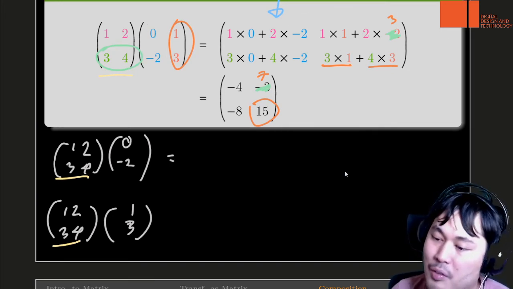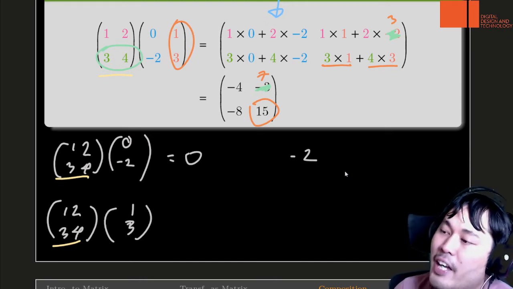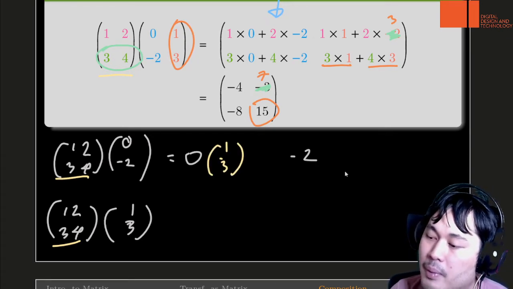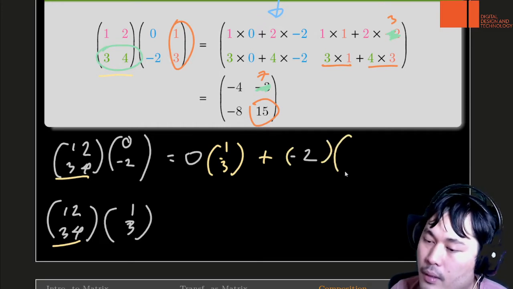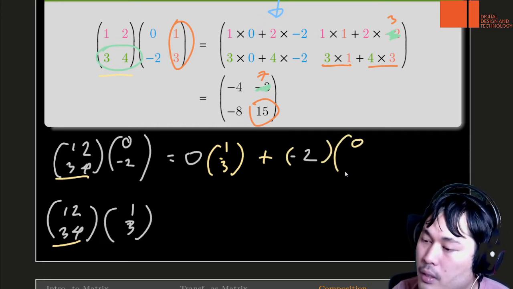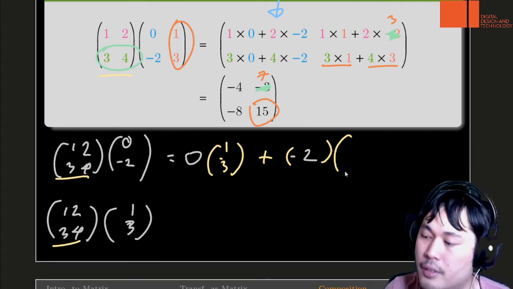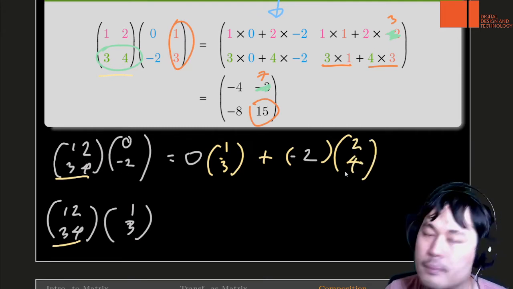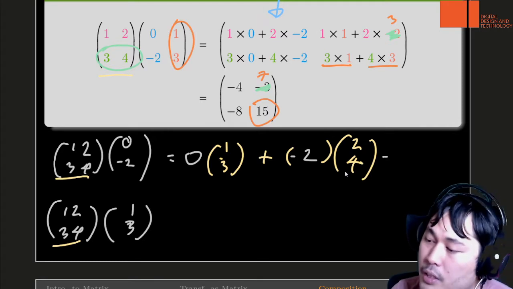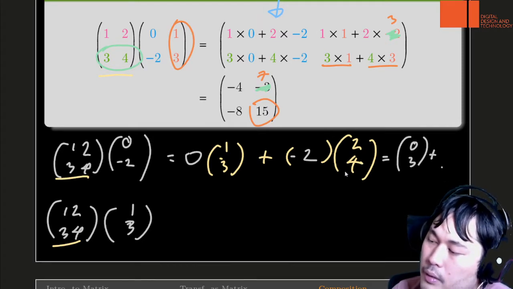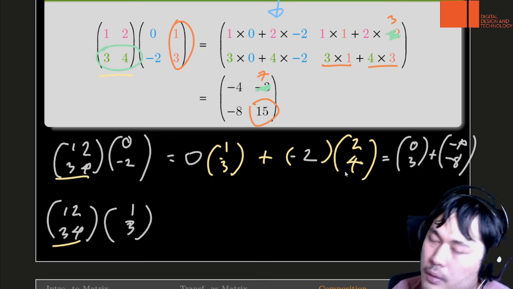And if you remember the formula we had back then, when you multiply the matrix in this way, 0 to the first column and then -2 to the second column, which gives you 0, 3 and -4, -8.